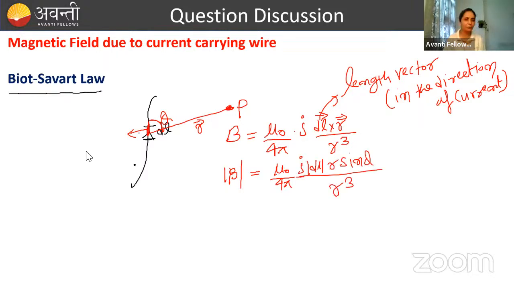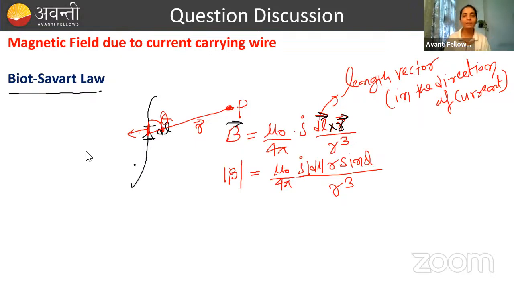So this will be the magnitude basically. You all must be aware of this law. Now, how will we calculate the direction of the magnetic field at point P? Its direction will be in the direction of dl cross r. Simple, it is in the direction of dl cross r.